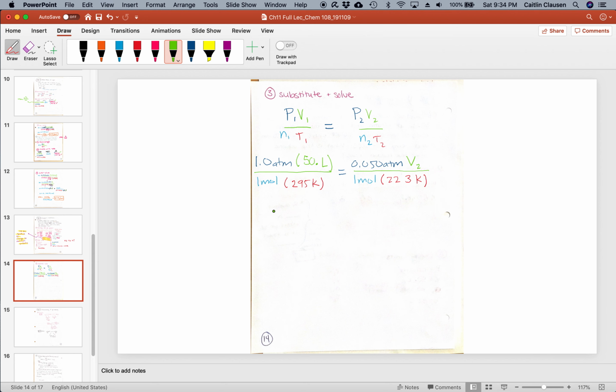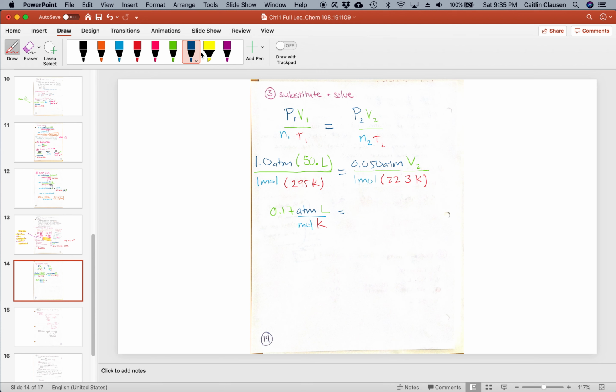That leaves me with 0.17 atmosphere. None of these units cancel yet. Liters over mole Kelvin. Oh man, atmosphere, liters, mole, Kelvin. Does that look familiar? And again, it's 2 sig figs, because that's 2 sig figs, and that's 2 sig figs.